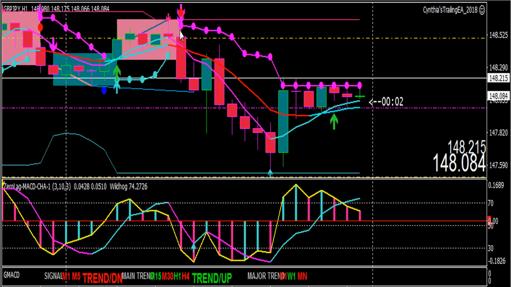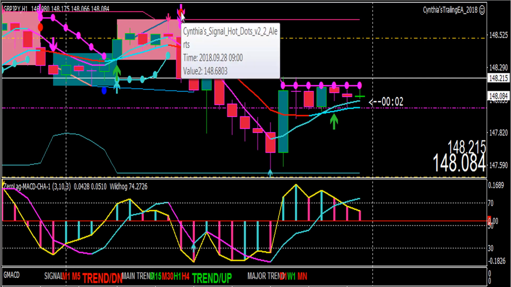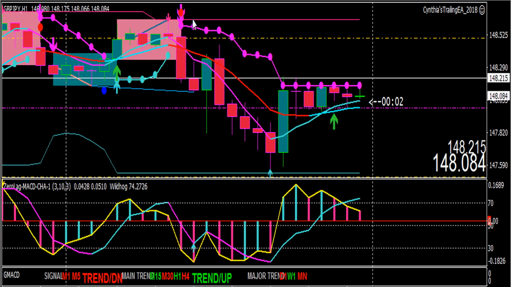So here you have your entry right at approximately this major key level, the sweet spot 148.50. That's like a major key level, and you have two arrows and the hot dot. This is the hot dot that gives you a pop-up alert.